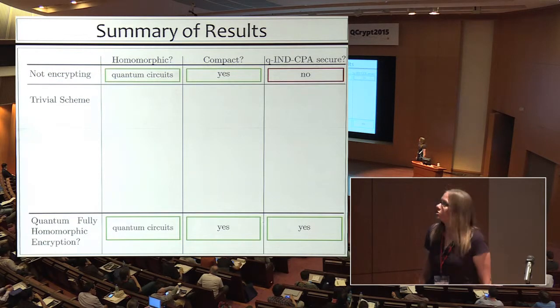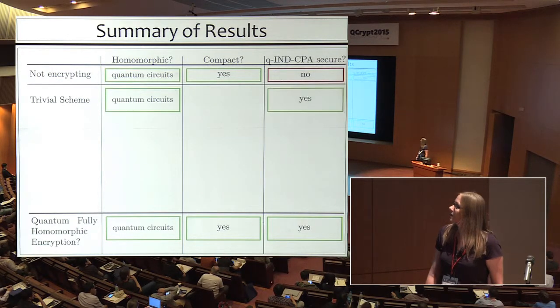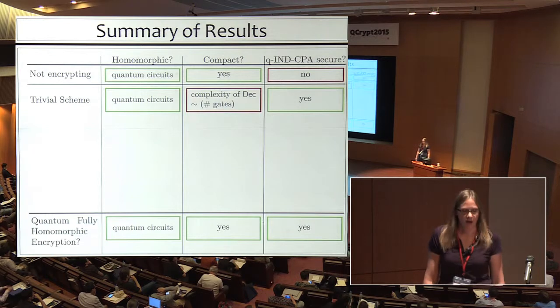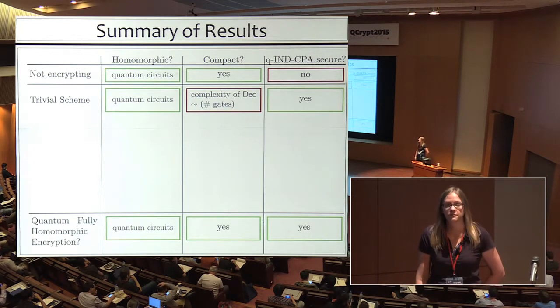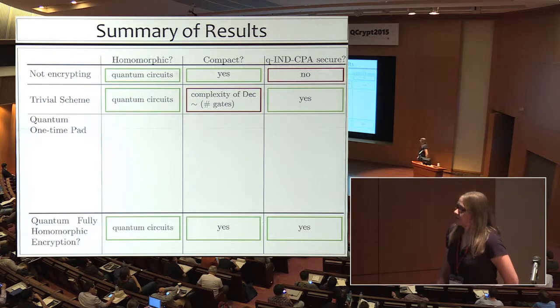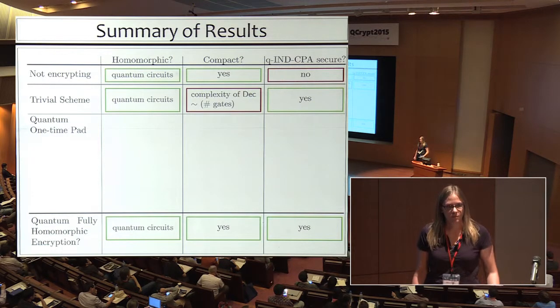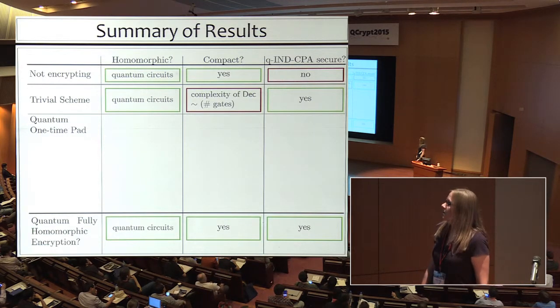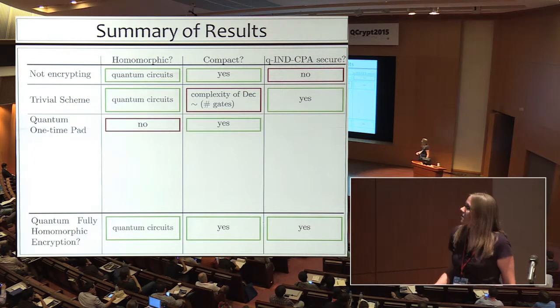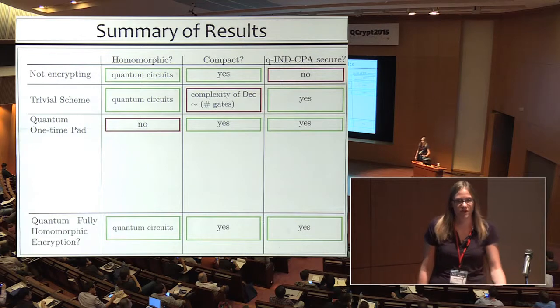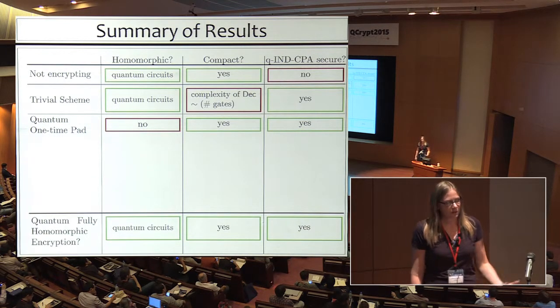As I mentioned before, the trivial scheme is homomorphic and secure, but it's not compact because the complexity of decryption scales with the number of gates in the evaluated circuit. And something like the quantum one-time pad, where we encrypt a quantum state, is not homomorphic at all, but it is compact and secure. So it's easy to achieve any two of the three properties.